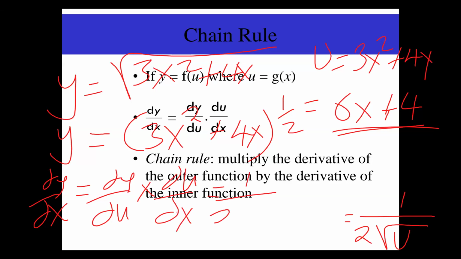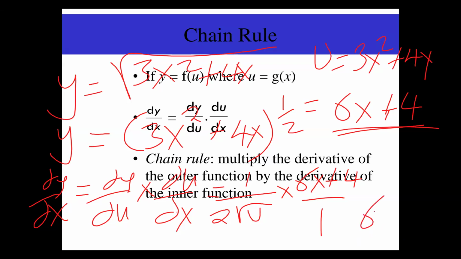Multiplied by du over dx, which is 6x plus 4, and we can put it over 1 here. You agree with me? So from here, you could easily work it out. 1 times the numerator, we have the same numerator, 6x plus 4, all over 2 root u. Is that clear?